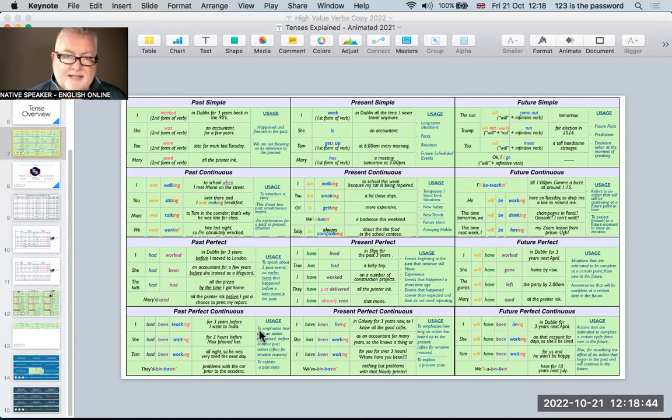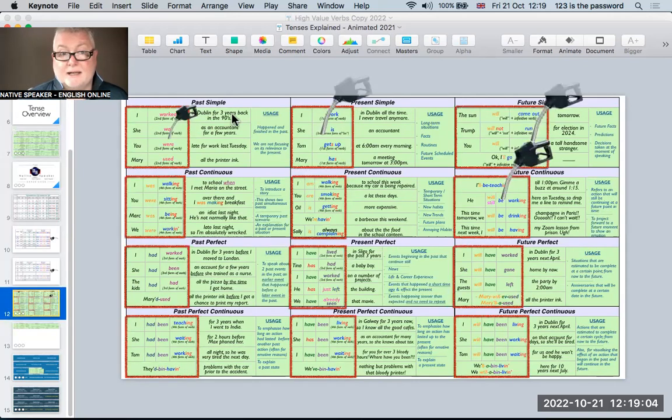these are the 12 tenses. And the first challenge for you as students is getting the verb structures correct and accurate, okay? And this is where the first mistakes often happen. Why? Well, the tenses are like a car, and the verb structures are like the fuel that goes into the car.